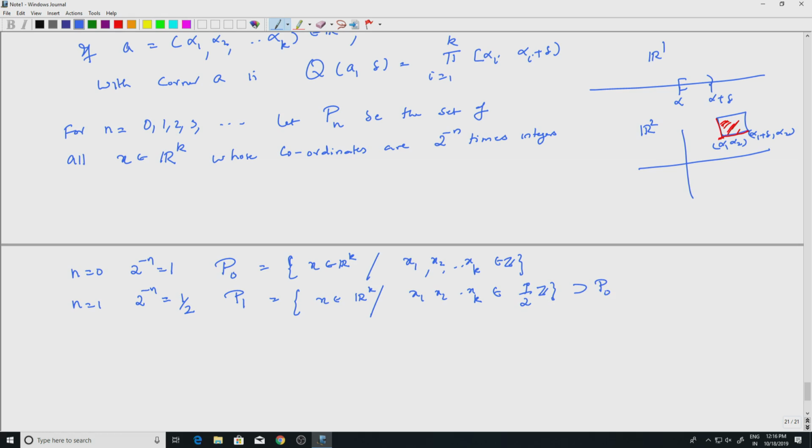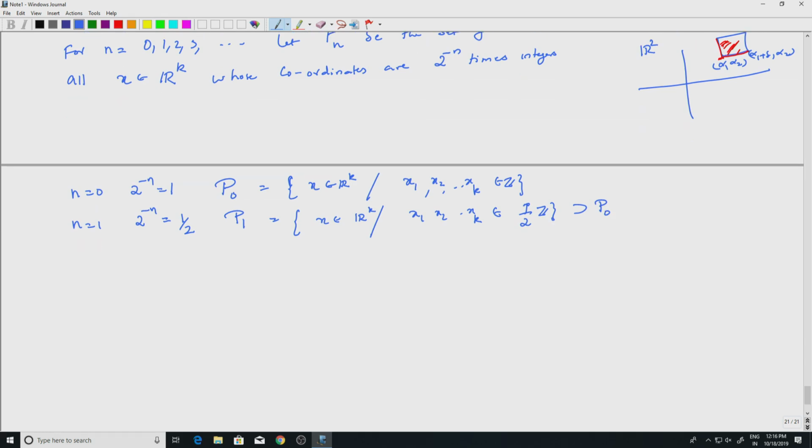Let us look at P_0 and P_1 in the dimension 1 case, because that is the easy case. So, 0, 1, 2, minus 1, minus 2 and so on. P_0 is just the integers. P_1 is you divide all of them by half.